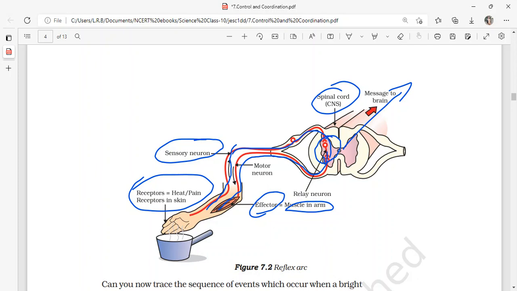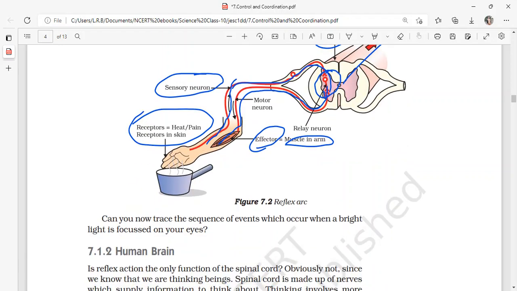So iris muscles will be responding to the brightness. When we are looking at dimly lit objects, the pupil will be dilated. In the case of bright objects, the pupil will be constricted. So it depends completely on the movement of the iris muscles. That's what happens when a light is focused on your eyes.